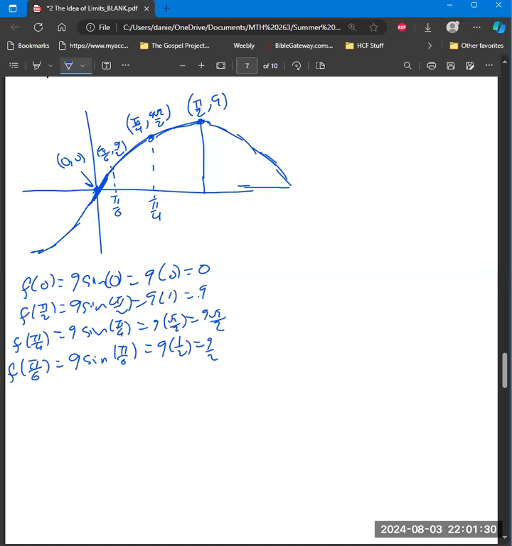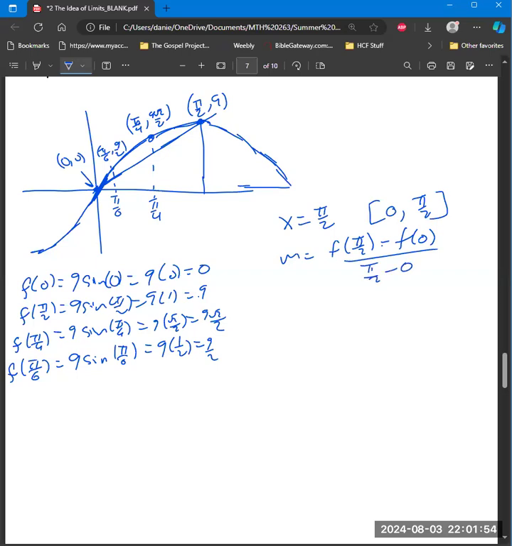Now, I'm going to choose x equals pi over 2 for our first secant line here, and we're going to be looking at the interval from 0 to pi over 2. So the slope of the secant line is going to be f of pi over 2 minus f of 0 over pi over 2 minus 0.